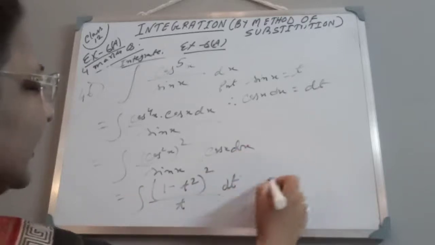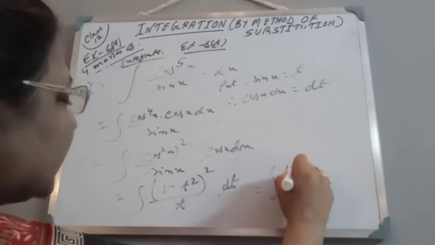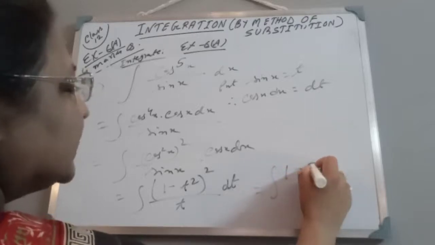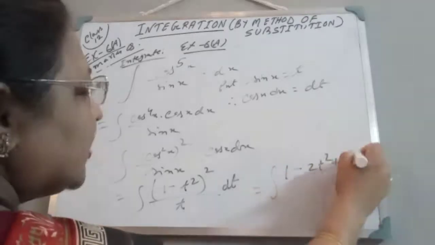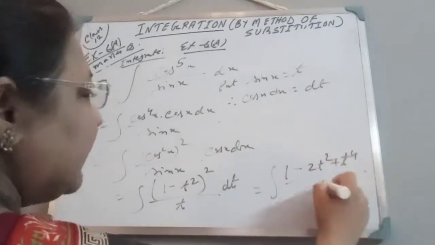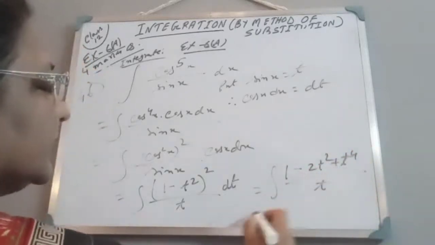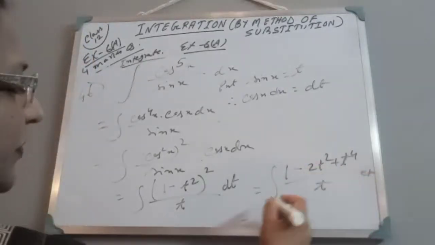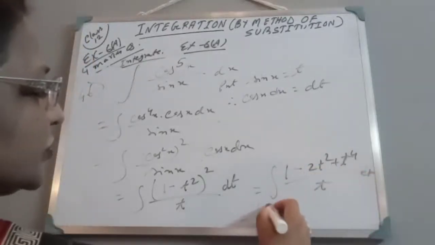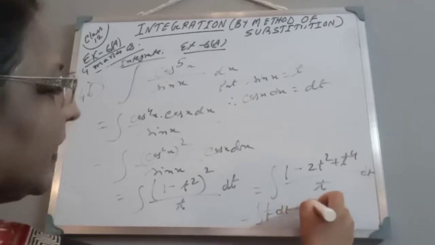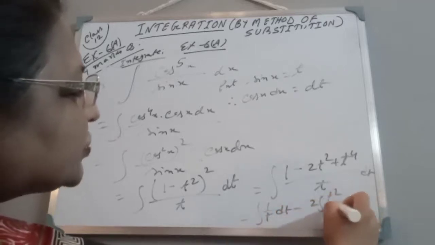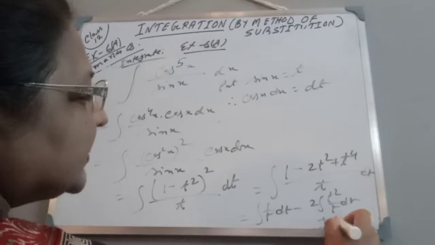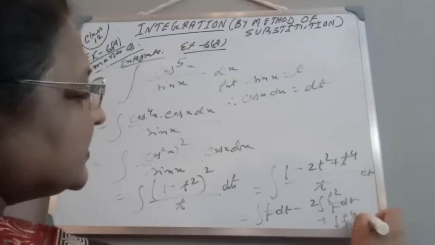Okay, now 1 minus t square whole square, it is coming 1 minus 2t square plus t to the power 4, whole divided by t. Okay, and dt obviously there. Now we will just split all these terms. So it's coming integral 1 by t dt minus 2 integral t square by t dt plus integral t to the power 4 by t dt.